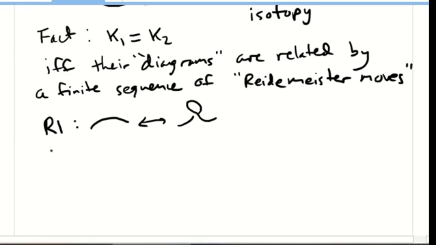I mean, it's really hard to decide when two knots are the same, right? Just because you don't know how to make one diagram look like the other one by these moves doesn't mean that such a sequence doesn't exist. So we're going to see that there's better mathematical ways to do this.